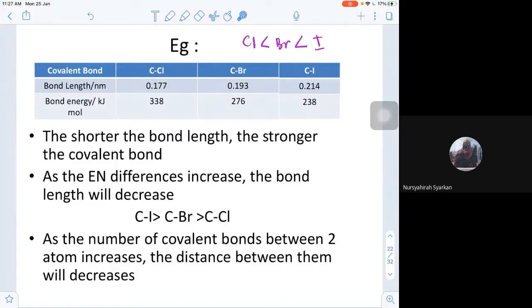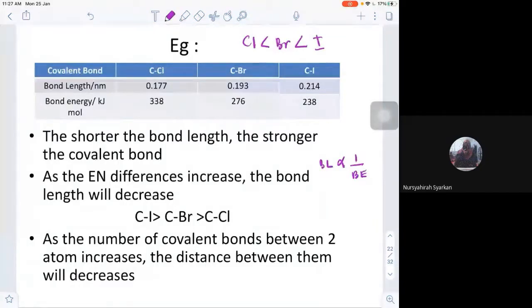Then look at the bond energy value. The shortest one will have the highest bond energy. The longest one will have the lowest bond energy. It means that the bond length is inversely proportional to the bond energy. The shorter bond will be stronger, harder to break, as compared to the longer one.